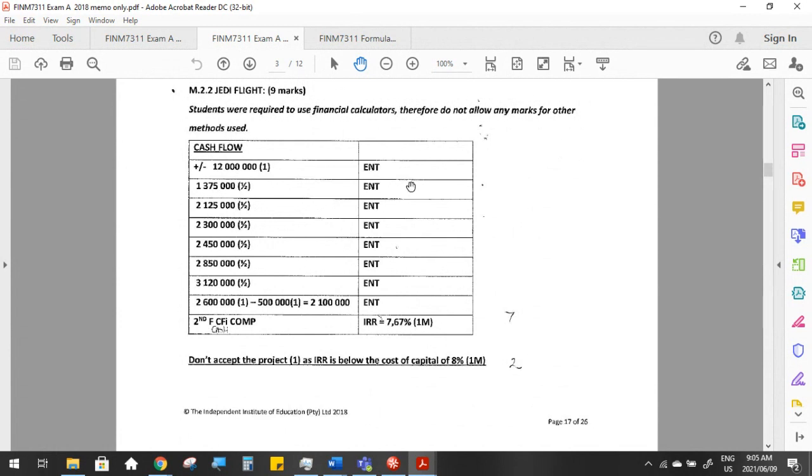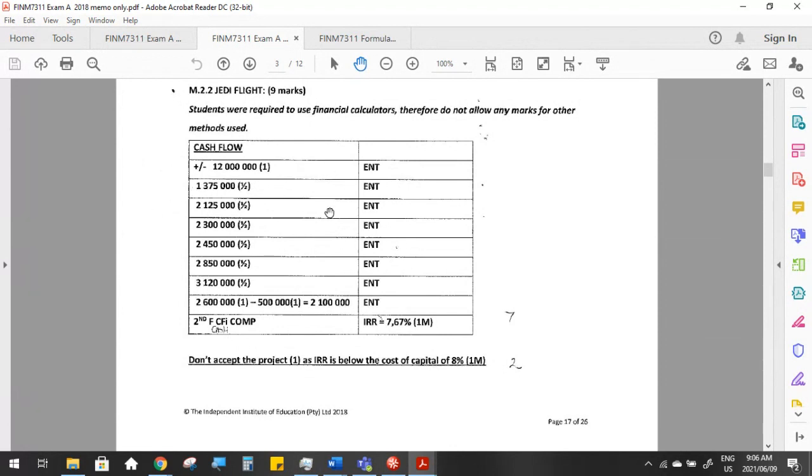So remember, with the financial calculators, the initial cash outflow is negative. So that 12 million, you have to indicate that you would enter that as a negative figure, or you could put brackets around it.